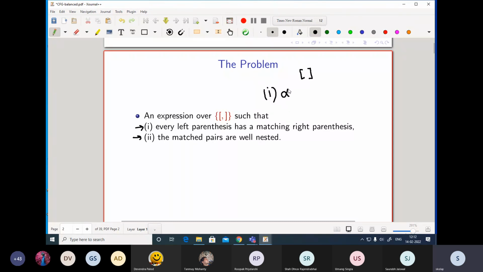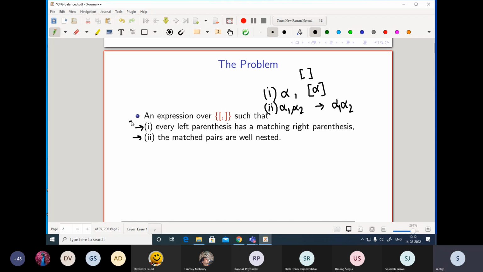The first one is if alpha is balanced parentheses, then so is left parenthesis, alpha, right parenthesis. The second one is if alpha 1 and alpha 2 are balanced parentheses, then alpha 1 concatenated with alpha 2 is also balanced parentheses.